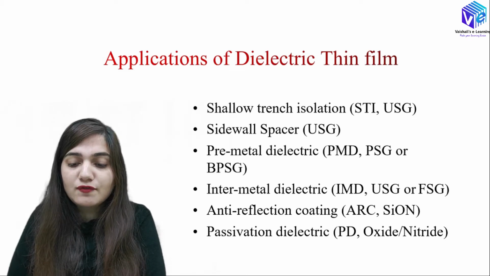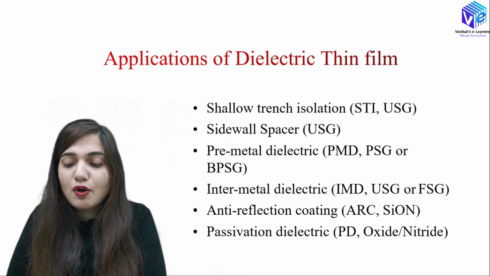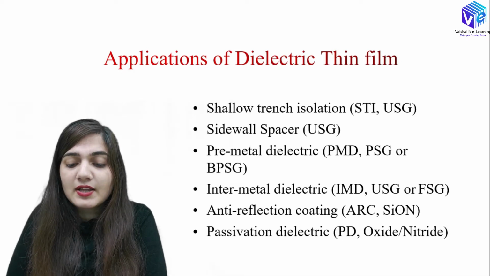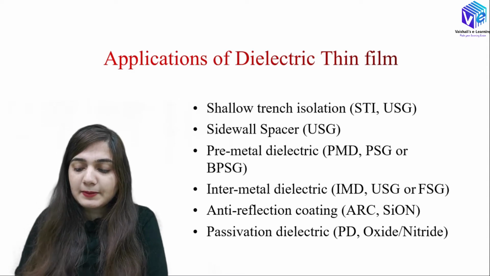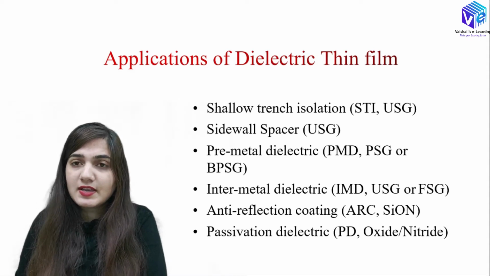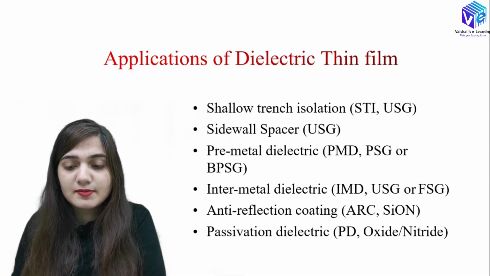Then we are using it for the intermetallic dielectric, which is IMD, which uses USG or FSG. Then it is used for the anti-reflection coating, ARC. After that it is used for the passivation dielectric, or the PD. You can see the various things with the help of which it is made.